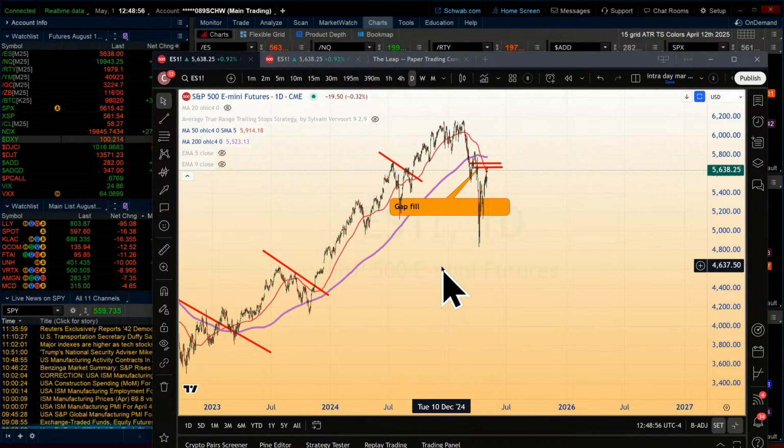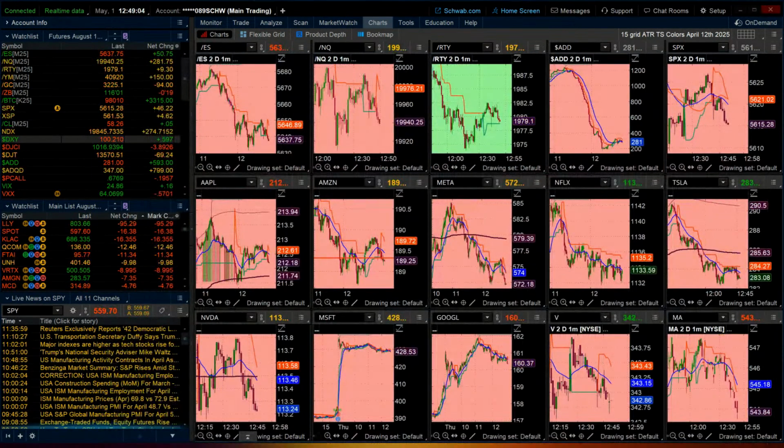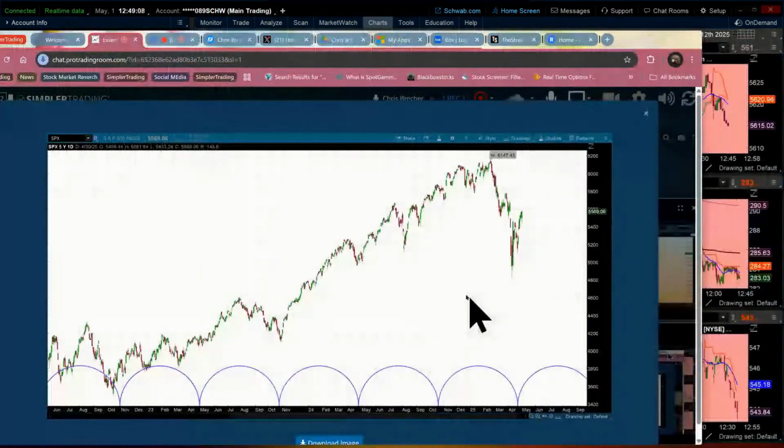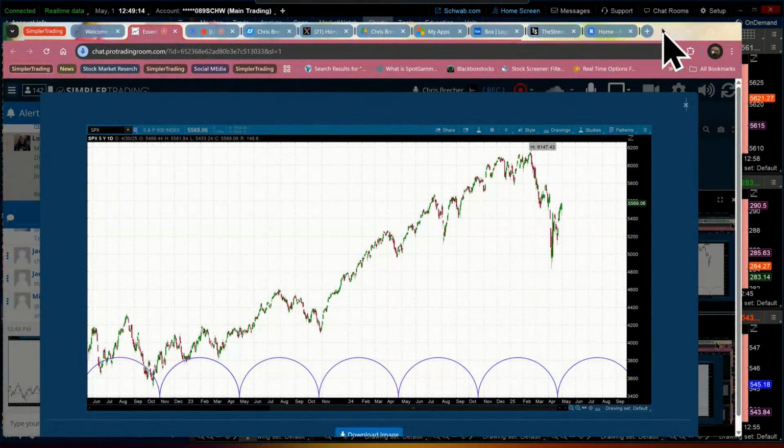What this is, though, that's a big deal, and I'll put it back up. There you go. So companies voluntarily don't buy back stock 5 weeks prior to earnings. They can't buy back stock the last 10 minutes, but they voluntarily don't buy back 5 weeks prior to earnings, most of the S&P stocks.